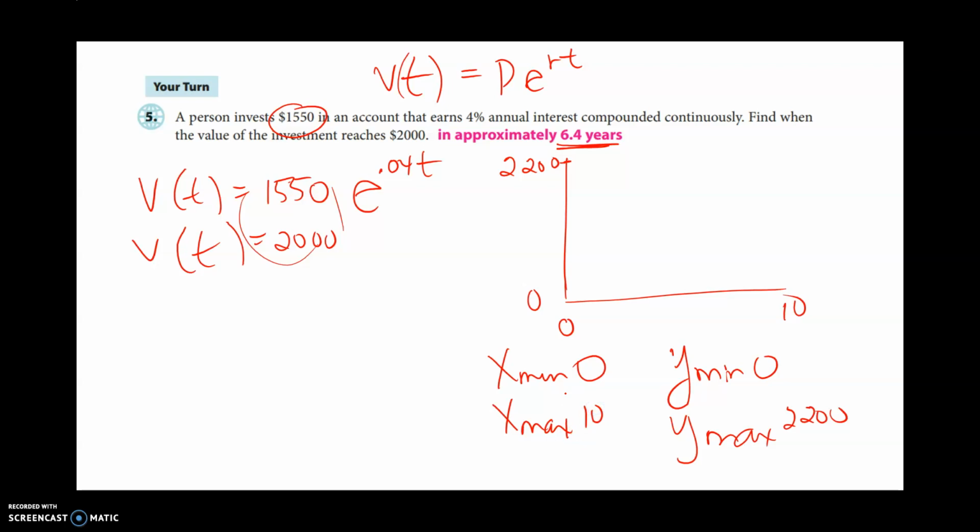All right, so we're graphing another set of equations. 1550 e to the 0.04t or x, and 2000. I'm going to change my window: 0 to 10 on the x, 0 to 2200 on the y. Let's see what our graph looks like.